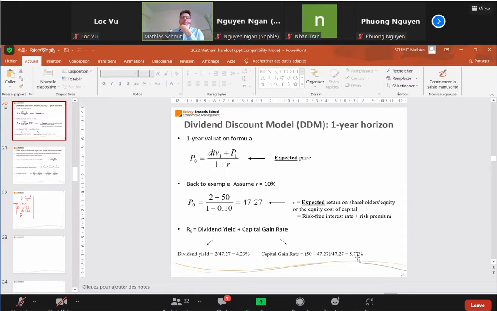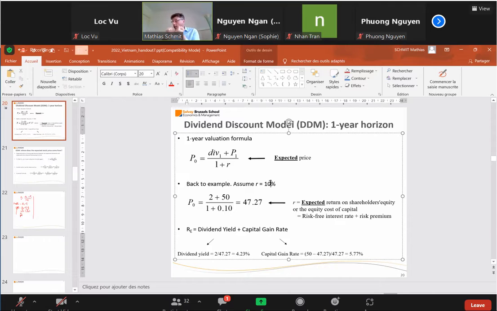And the sum of the two is, of course, 10%. So the idea is that in your expected return of a financial asset, here a share, you have two components, the dividend yield and possibly the capital gain or the capital loss. The first thing that I wanted to explain before going to the case.